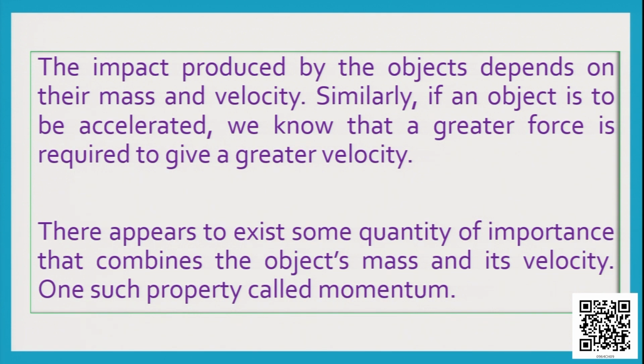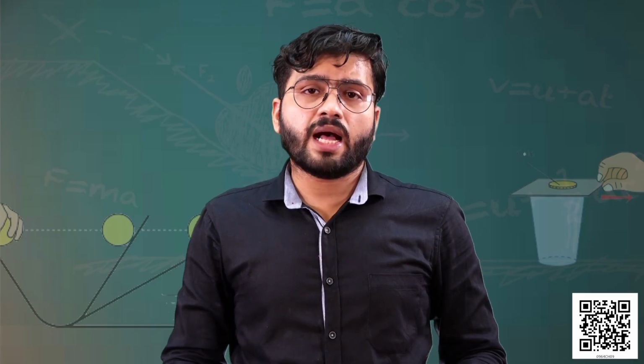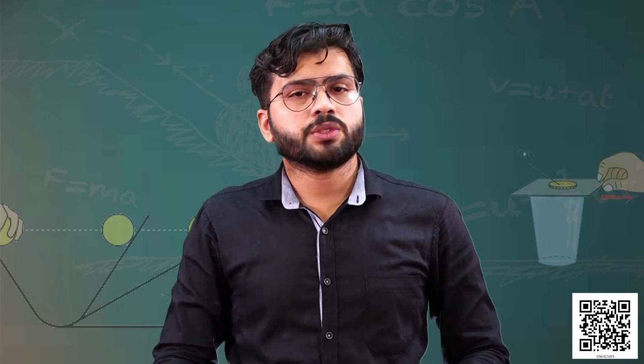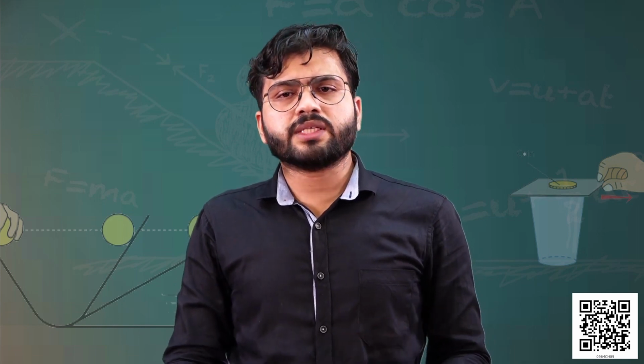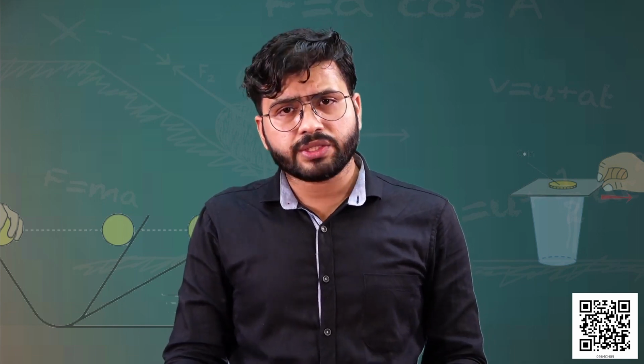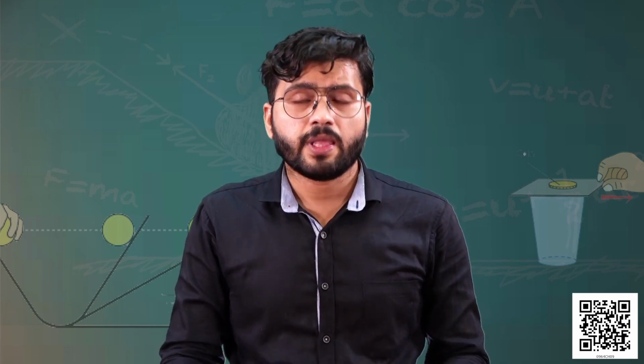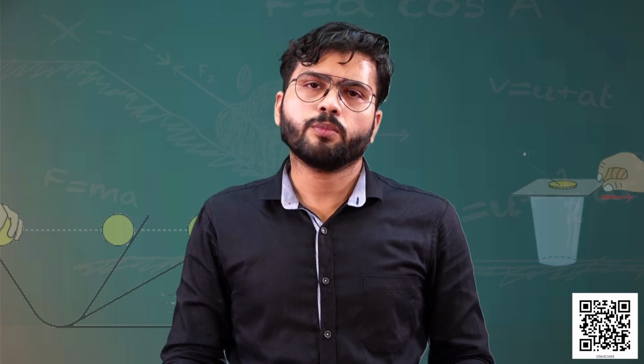Why is it so? Because the mass of a truck as compared to the car is much more. So here we conclude that there is a quantity which connects an object's mass and its velocity, and we call that property momentum.